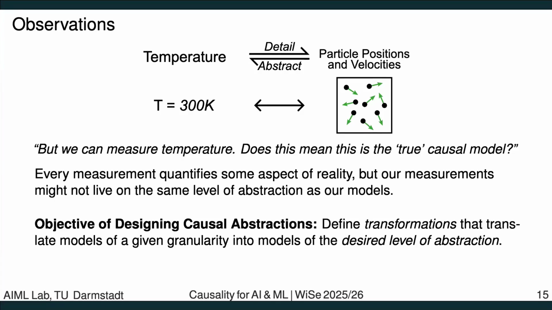Basically, we have some measurements which are maybe given, which we might not be able to control. We put that in some sort of causal model, and then we need an additional transform step that transforms these models into the right level of semantics or abstraction.